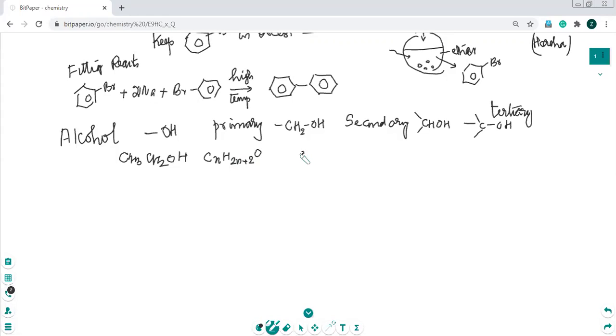Say, for example, see here, CH3, CH3. You can break this and form CH3, O, CH3. Or you can break, see here, CH3, CH2, OH. What you have done is broken this and put an oxygen in the center.